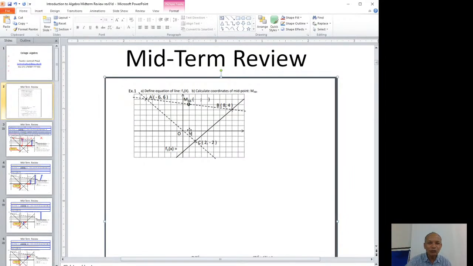One grid to the right is plus one, two grids to the right plus two, three grids plus three, and to the left, one step is -1, two steps -2, three steps -3. You have to understand all the grids must be marked and labeled.